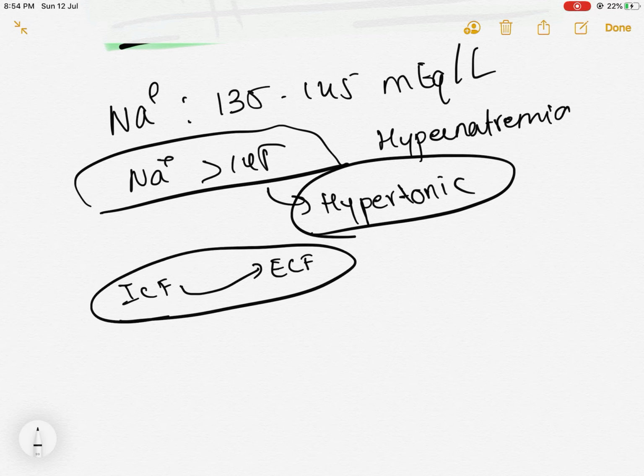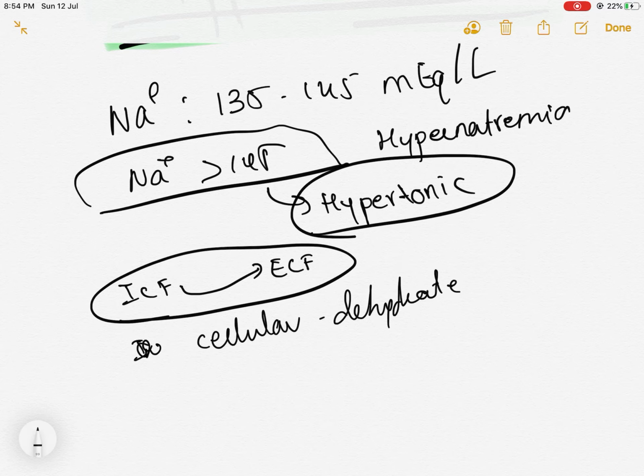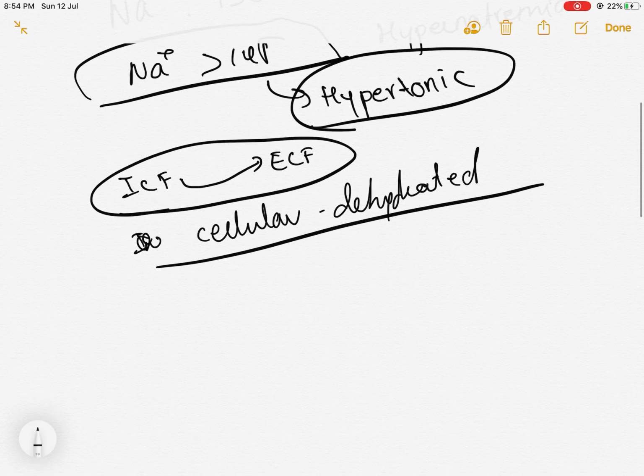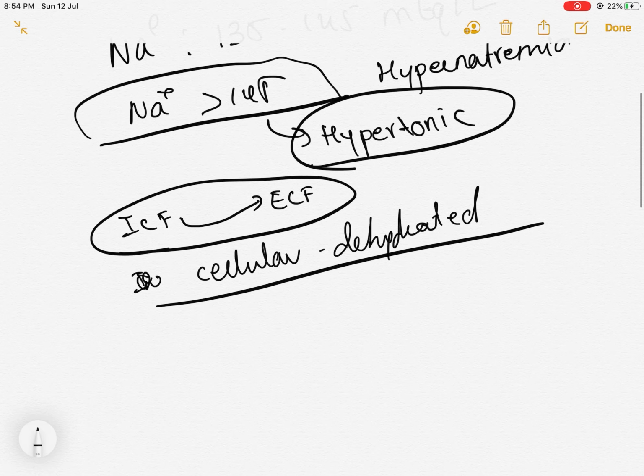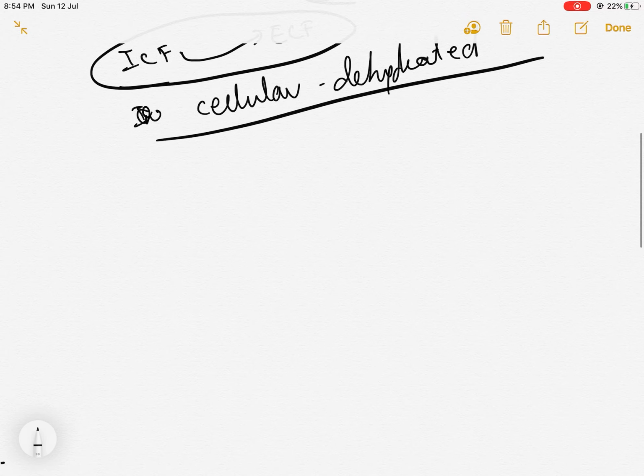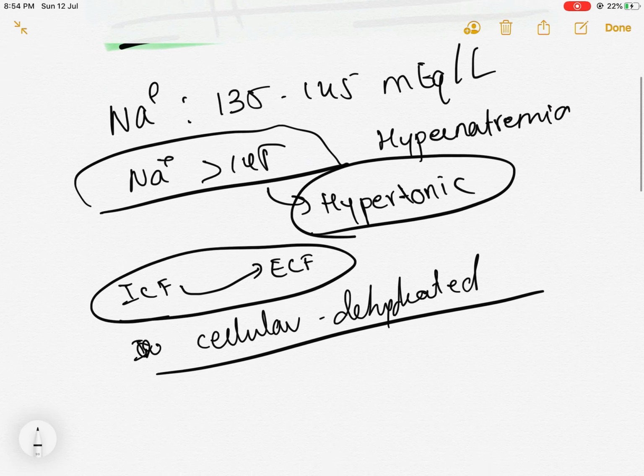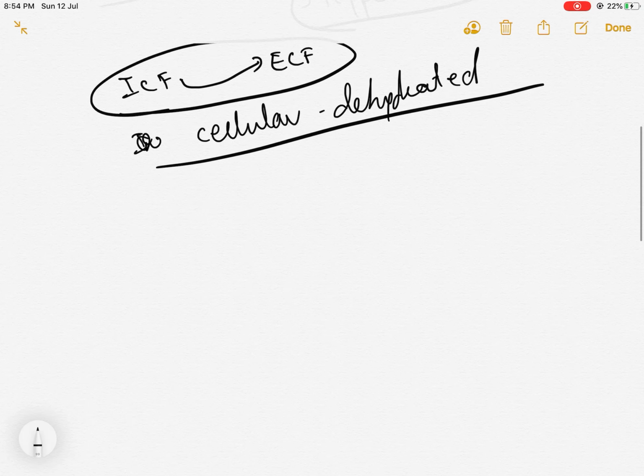When the fluid shifts from the intracellular to the extracellular compartment, there is dehydration at the cellular level. When the cell is dehydrated, it cannot function normally. As a result, energy production by the cell stops, resulting in various features of hypernatremia such as seizures, altered sensorium, etc.